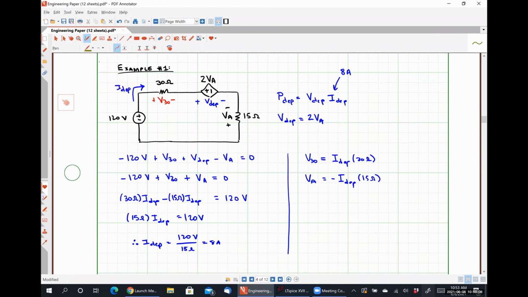Let's see what's going on in the chat here. Yeah, negative 8 times 15. So we have an equation for VA literally written right here. We just used it a moment ago. So we can substitute in I dependent into that. So we would have negative 8 amps times 15 ohms, which should be negative 120 volts, right?